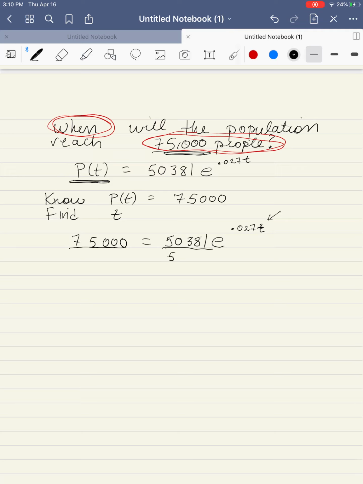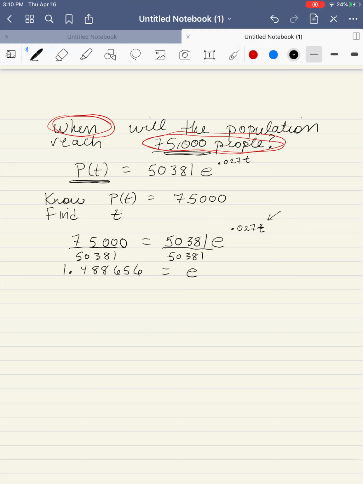So we know that when we're solving for a variable in the exponent, we're going to divide both sides. And I'm going to keep several decimal places here. I could either leave it as a fraction, or I can write out all of my decimals here.